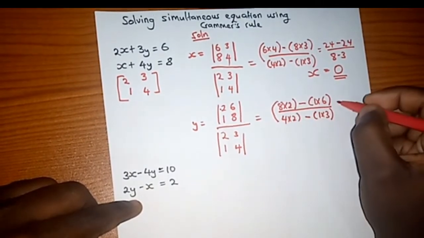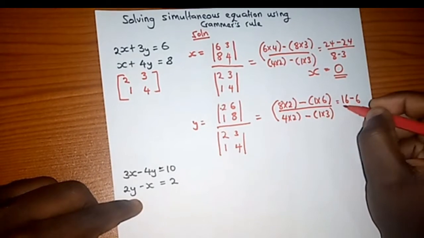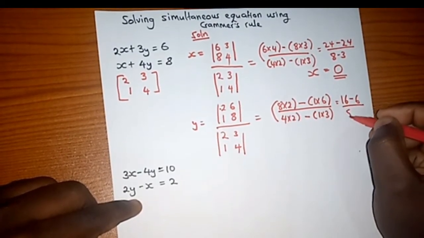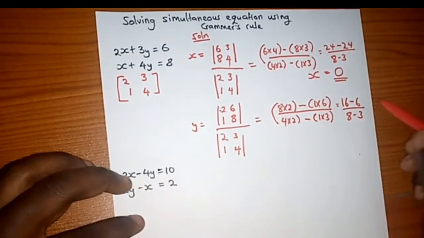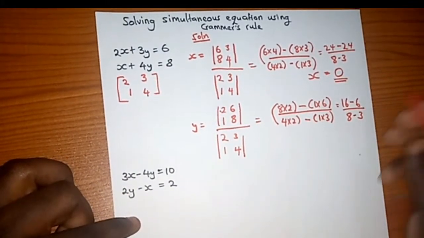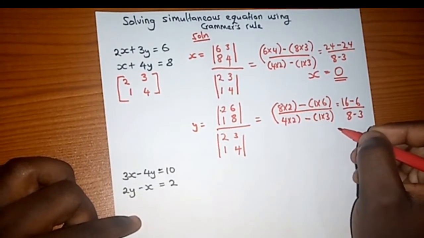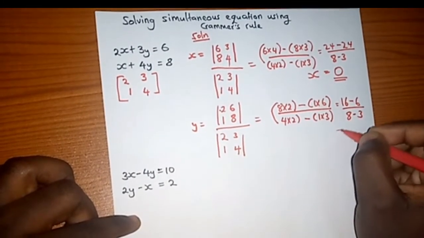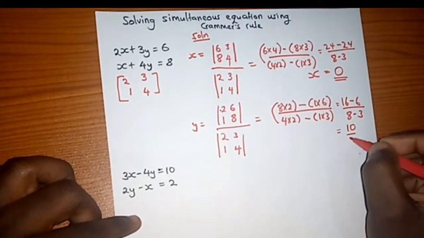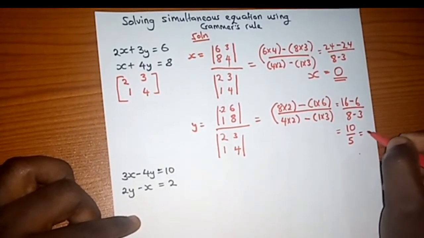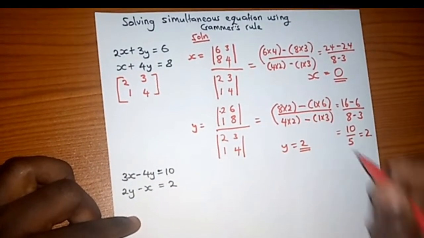So 8 times 2, obvious case I get 16, minus 1 times 6, which is 6, out of 8 minus 3. Yes, hope we are still together. So 16 minus 6, I get 10, out of 8 minus 3, which I get 5. So my answer becomes 2. So my y value is 2.